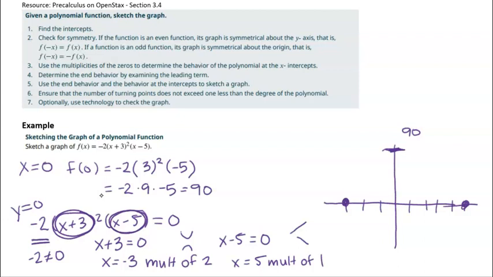So I could expand this if I wanted to, but I really could just look at my leading pieces and realize my leading term with this expansion would be -2 times x squared times x, or -2 x to the third. Since it's x to the third, I know that I will either have behavior that goes down and then up, or the other way. And then the negative term in the front for my leading coefficient tells me that this must be true.